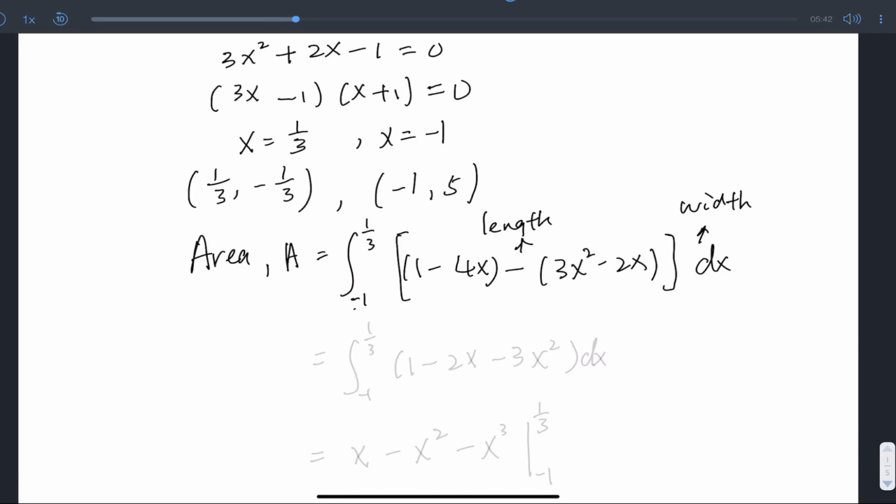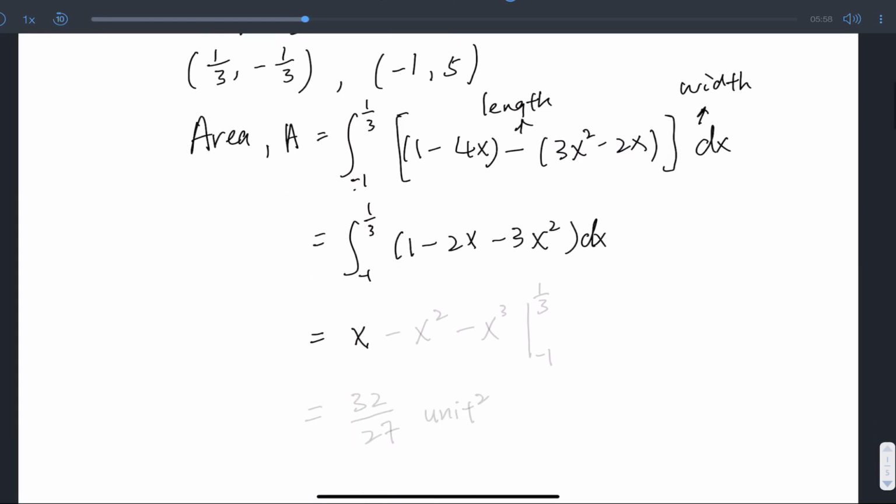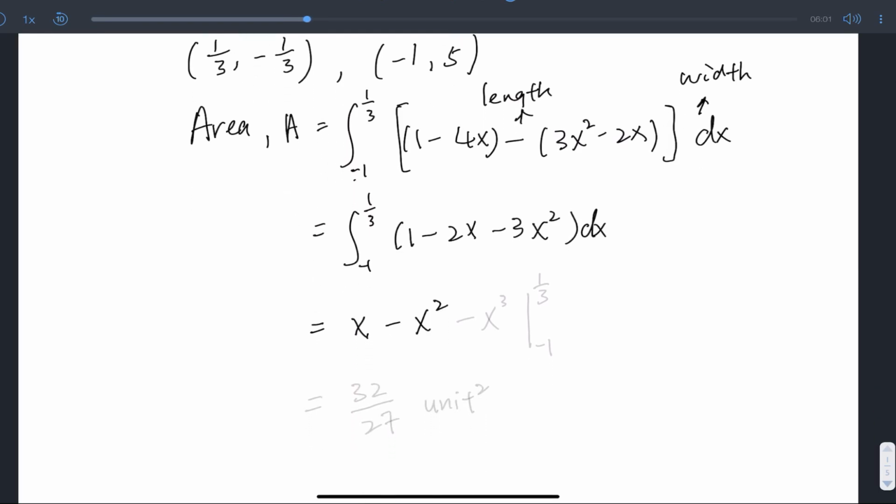You solve the integral and you are able to find the area of the bounded region. Now you can integrate it, and you get this.